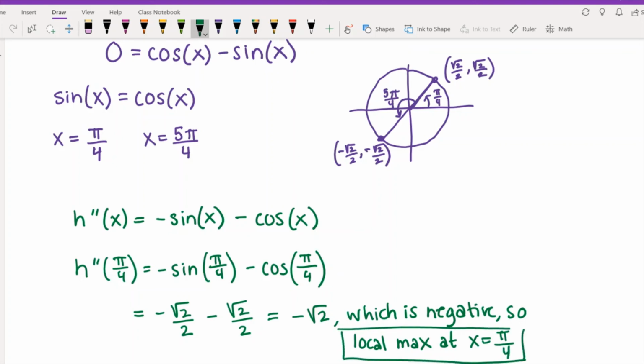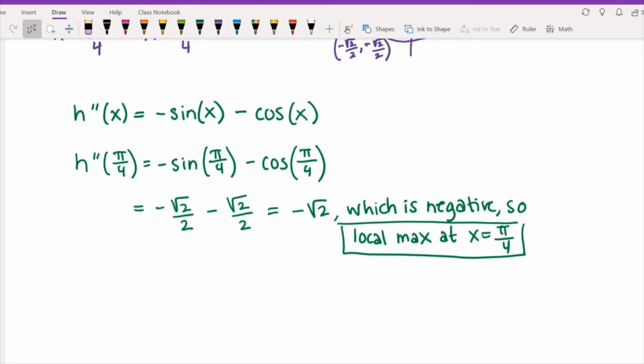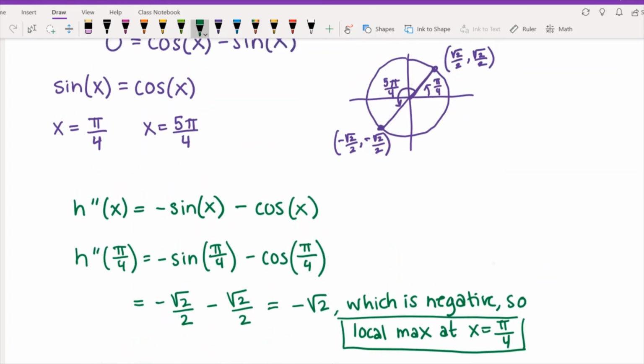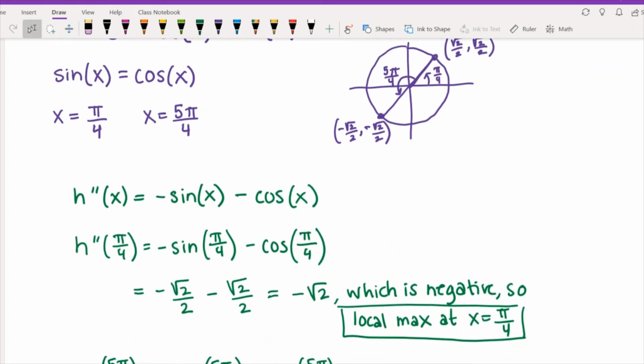And then if we plug in 5 pi over 4, we get negative sine of 5 pi over 4 minus cosine of 5 pi over 4. And so we saw in our picture up here with the unit circle that at an angle of 5 pi over 4, the x and the y coordinates are both negative.